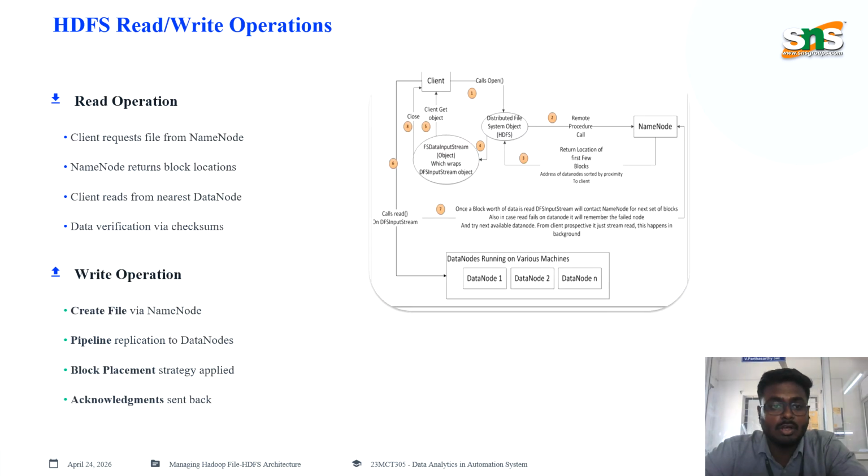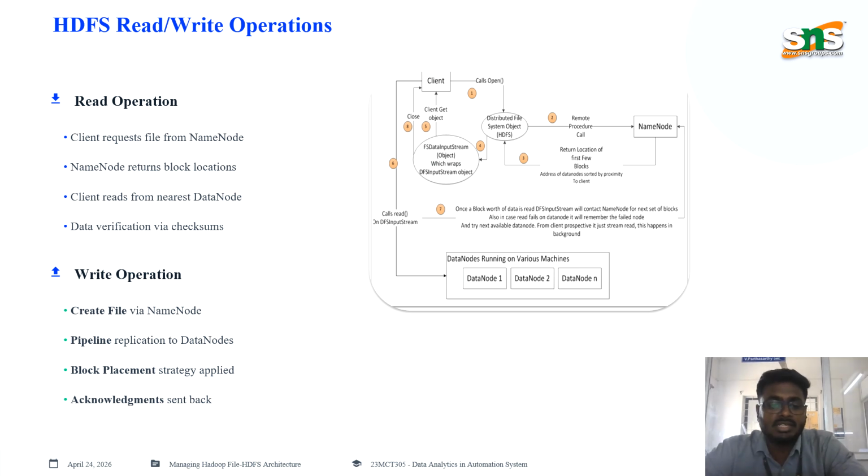Now let's see how data is read and written in HDFS. First, the read operation. The client requests a file from the name node. The name node gives the block locations. Then the client reads from the nearest data node and does data verification via checksums.